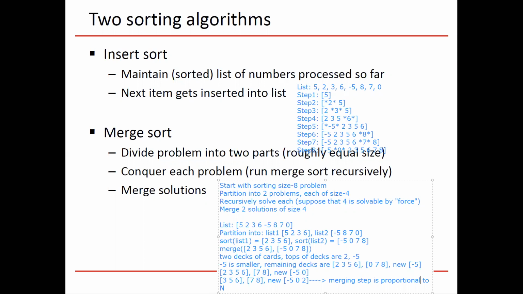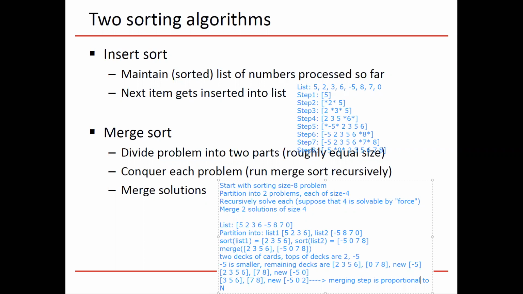Half of n or half of n plus half or half of n negative half, doesn't matter, details. If I have 2 decks of cards of roughly half n each, the merging step, n times I look at the 2 decks of cards. I look at the first element, I do a single comparison, who's smaller, I put my smaller one at the end of the new deck of cards, and that's it. So n times I perform simple steps, proportional to n.